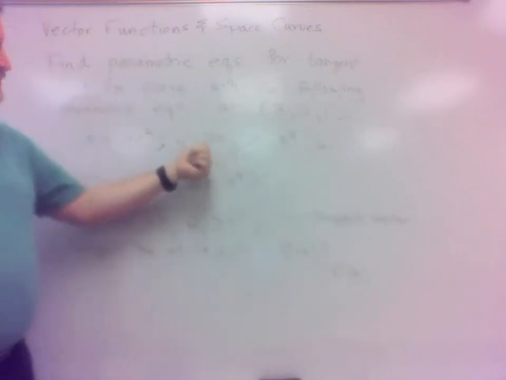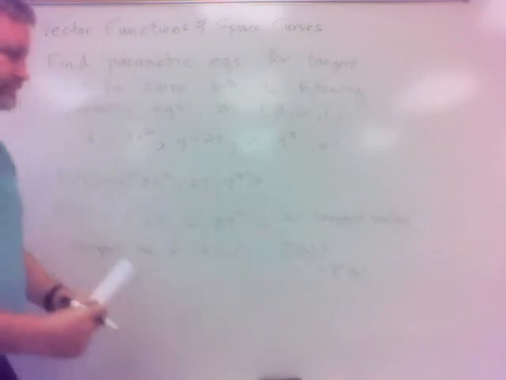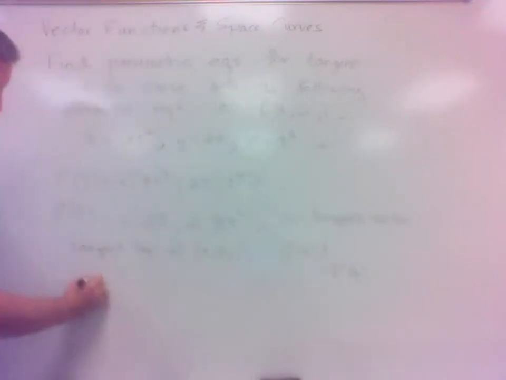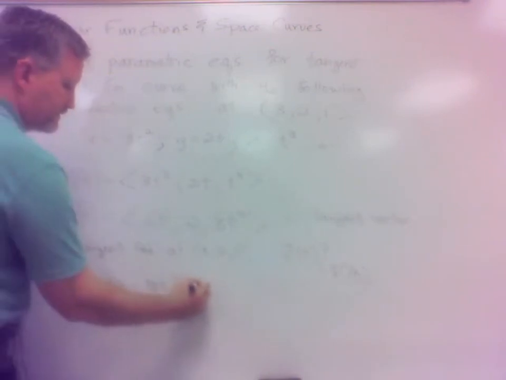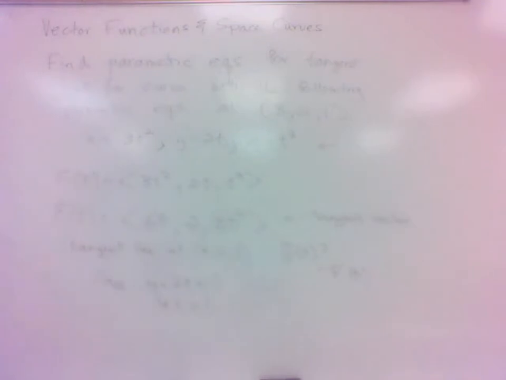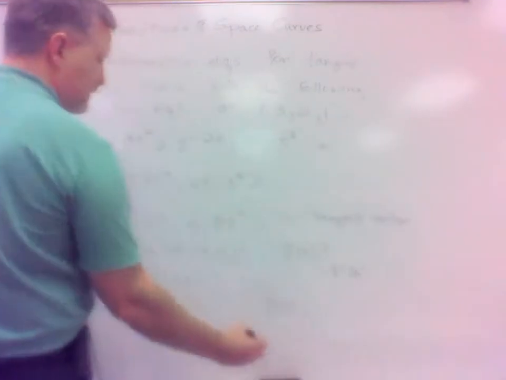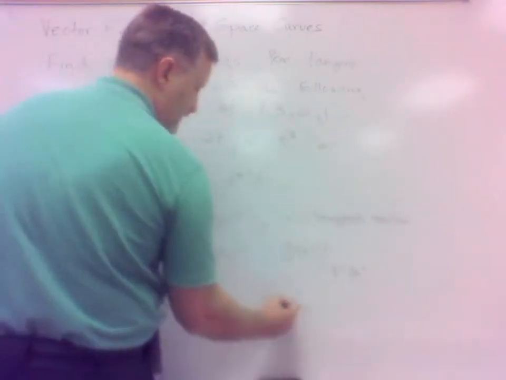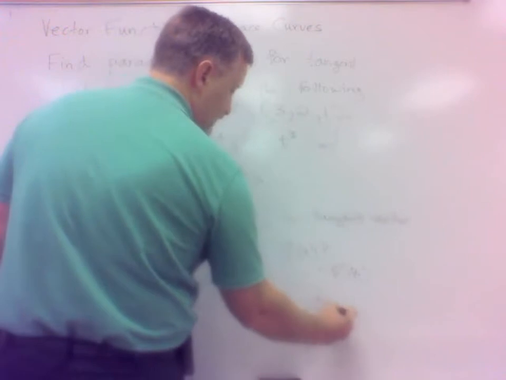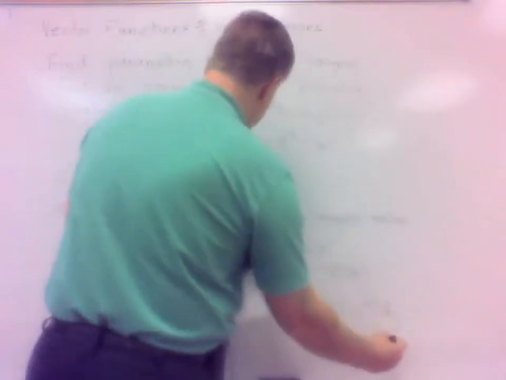For y to be 2 and y equals 2t, t has to be 1. It couldn't be -1. So the t-value must be 1. That makes our direction vector the tangent vector at 1, so it'll be (6, 2, 3).